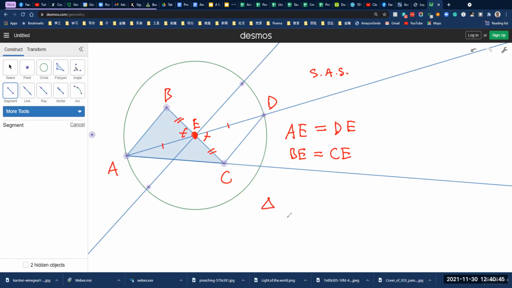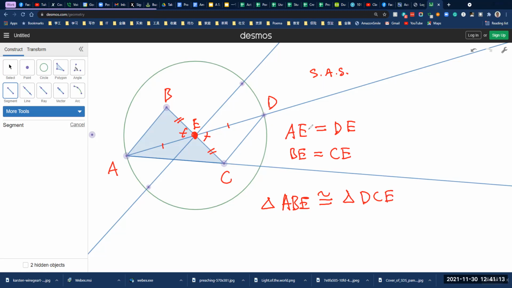You see that theme happens over and over: we're trying to make congruent triangles, and then we use that to prove something. So triangle ABE is congruent to triangle DCE.